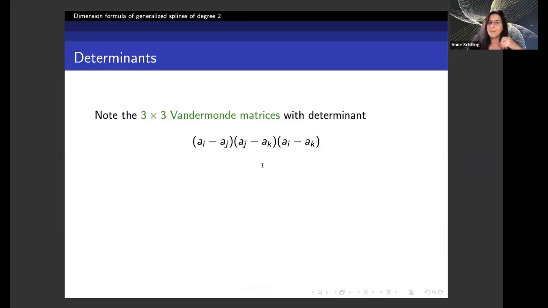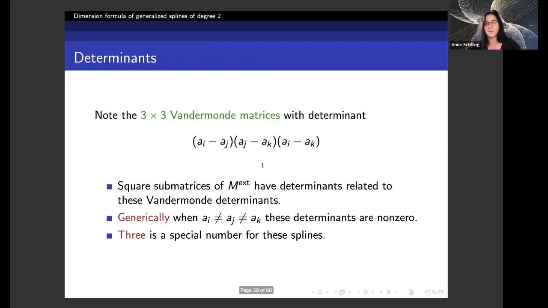And to determine what the rank is, we can look at the determinant of the matrix. One thing that I will now do is write down a formula for the determinant of this extended cycle basis matrix that uses these 3 by 3 Vandermonde determinants.